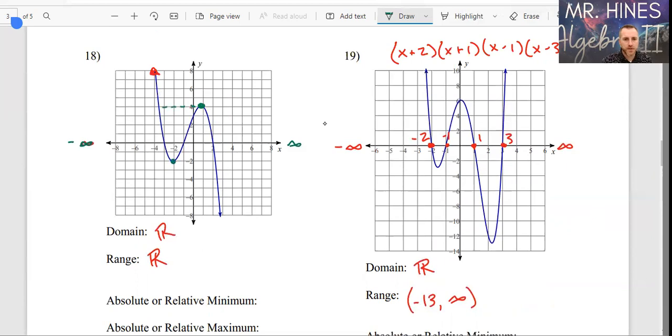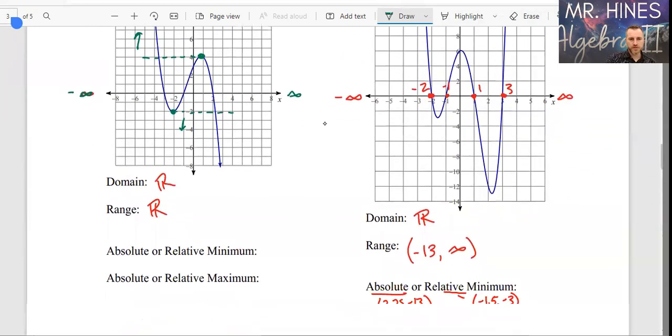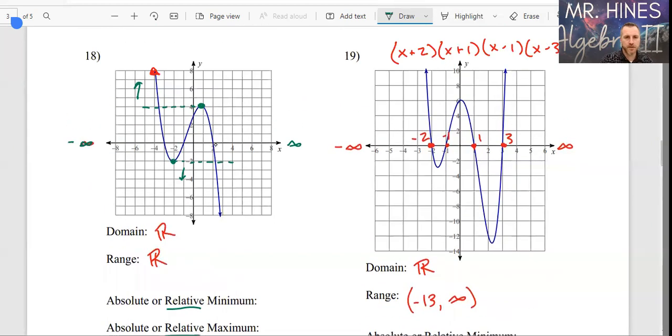The function does go above that point and it does go below this point. So that's what makes them relative, is that they're not always the highest and lowest, but in that little area. That's why they also call them local maximums and minimums. In that area, they are the highest and lowest.